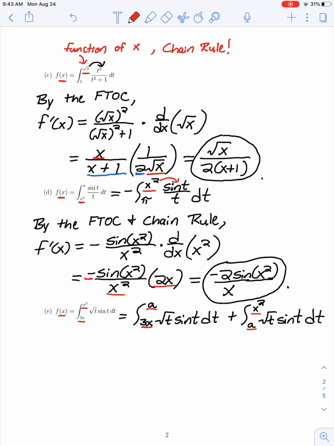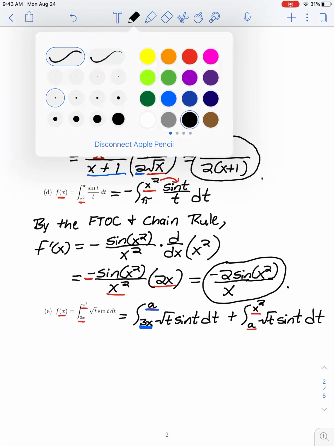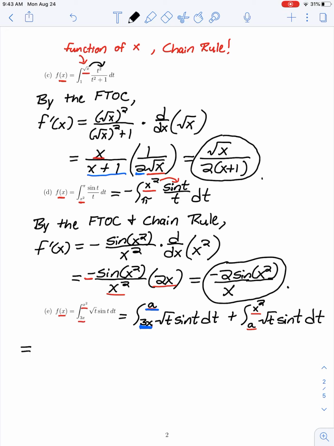So now we need to find the derivative of each of these pieces. In order to differentiate our first integral defined function, we would need to reverse our limits of integration. We need the function 3x to be the upper limit of integration. So let's switch the order of the limits of integration for that first integral by making it negative.